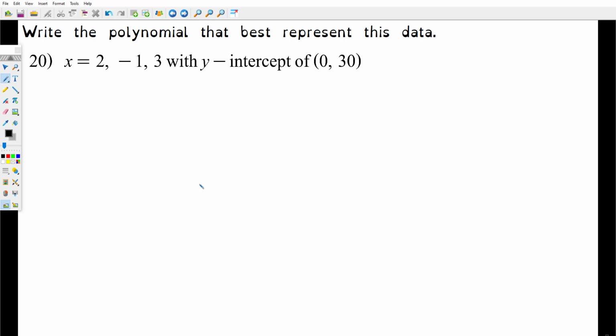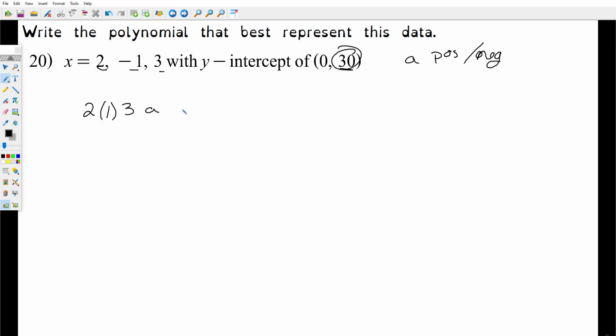So we're going to do the same thing here. Only thing that's different is we actually are given a y-intercept. We aren't given if a is positive or negative, and so either way would be an acceptable answer. So you're going to take each of these numbers, and don't have to worry about the sign, so 2 times 1 times 3. And we want to get to 30.